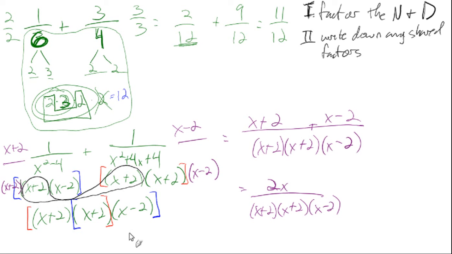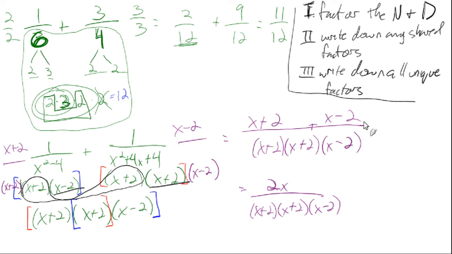We found that pair, and we wrote down that x plus 2. And now let's just grab the rest of the factors that we need, all unique factors. So then we'll write down an x minus 2 and another x plus 2 so that we get two factors of x plus 2 that we need for this polynomial. And that'll be it. That'll be the way that you find your common denominator.